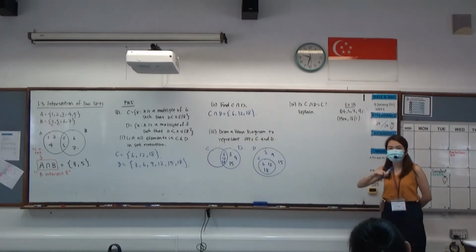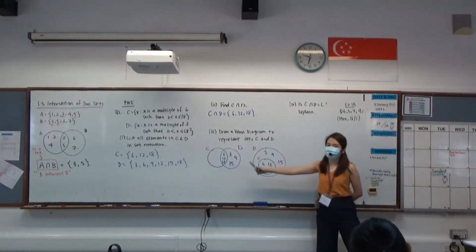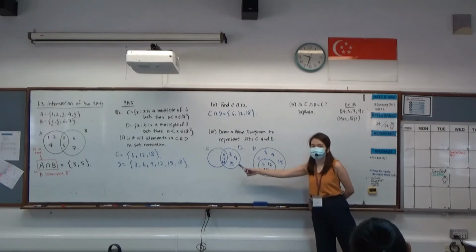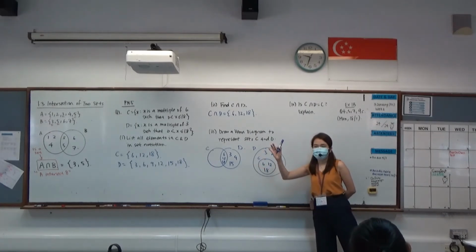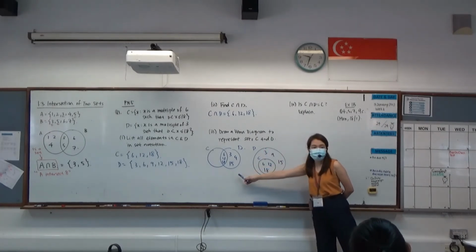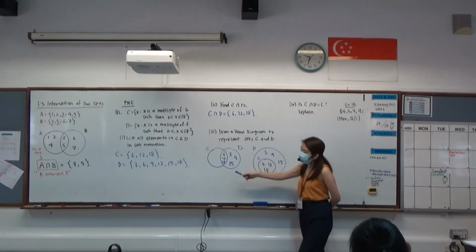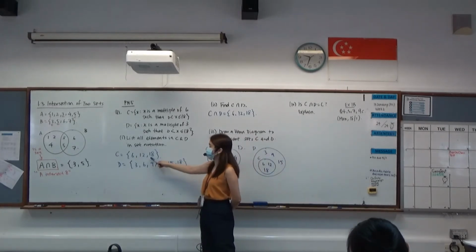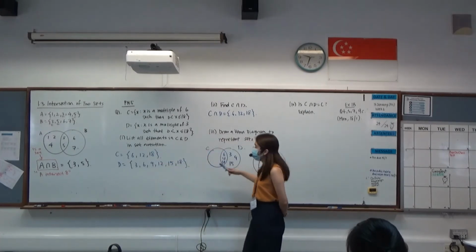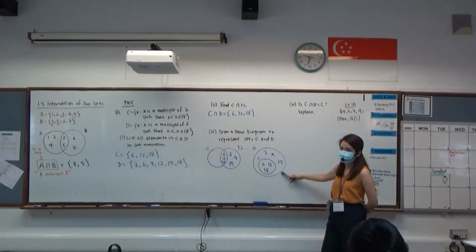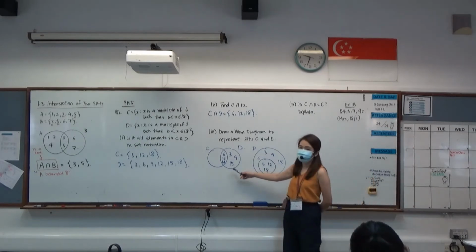Are we okay with this one? Or will you all think this is also fine? How many of you think this is also fine? Just to clarify, because we now are very clear and can see that 6, 12, and 18 are all elements also in D, then how we should be drawing our Venn diagram should actually be like this. We should not draw it like that.